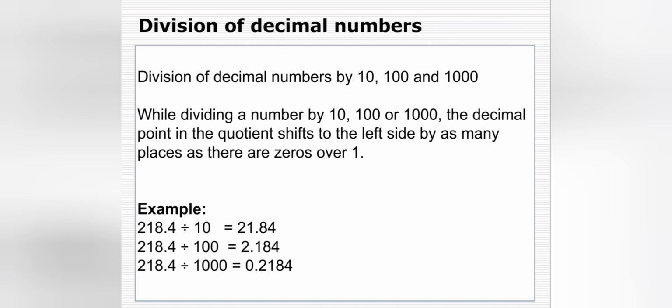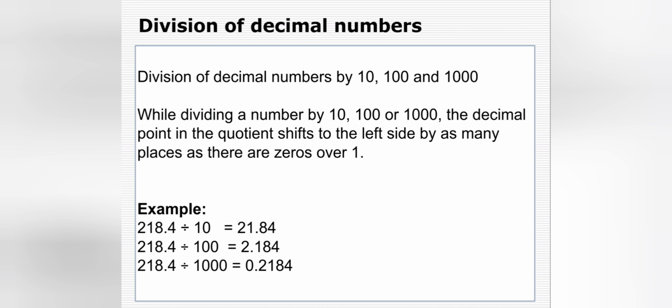Now 218.4 divided by 10 gives us 21.84. Now here the decimal point has moved towards the left side by one place. Next is 218.4 divided by 100. Now the decimal point has moved to the left side by 2 places.